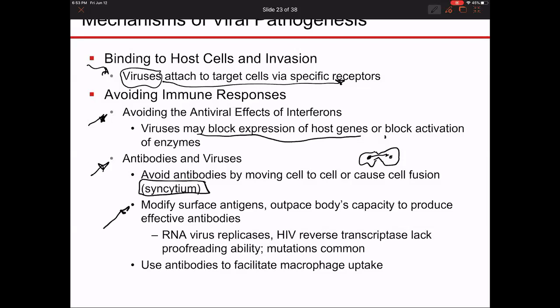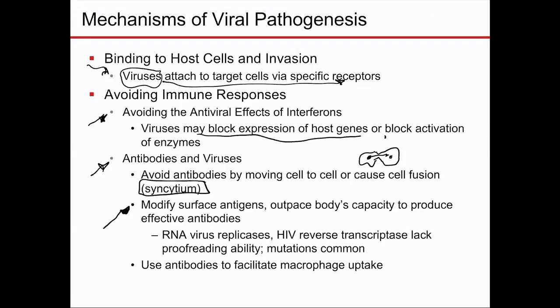Now this one, that I was going to jump at immediately at the very beginning, because I think it's probably one of the most important mechanisms by which viruses evade the immune response. Viruses can alter their antigens.